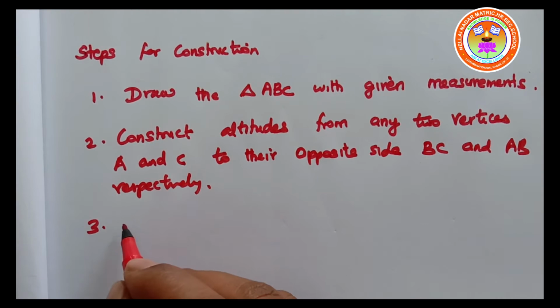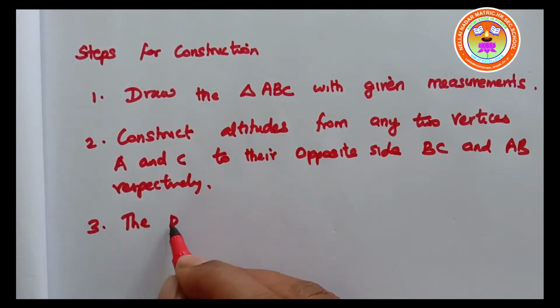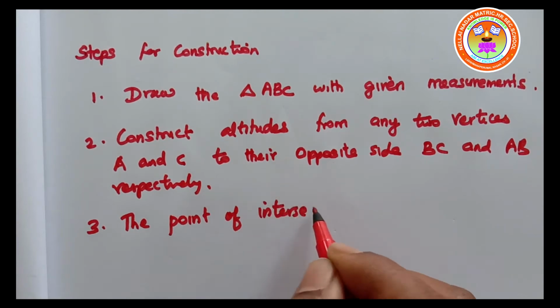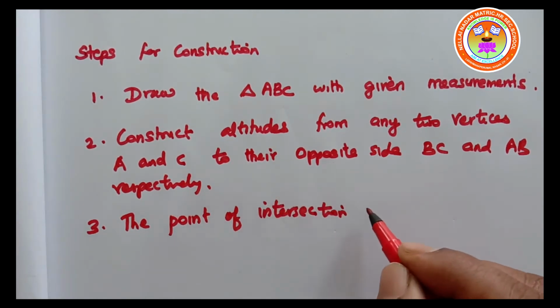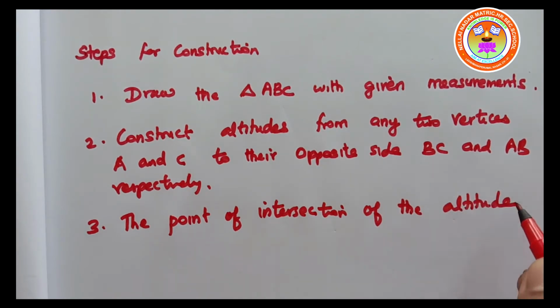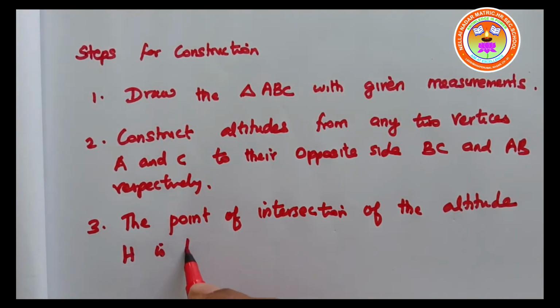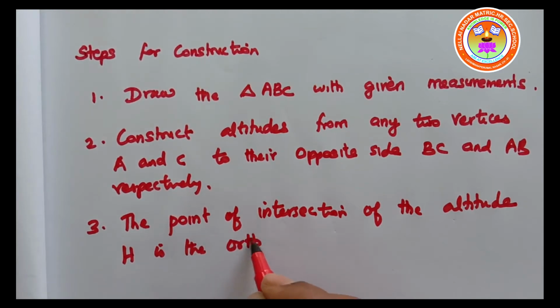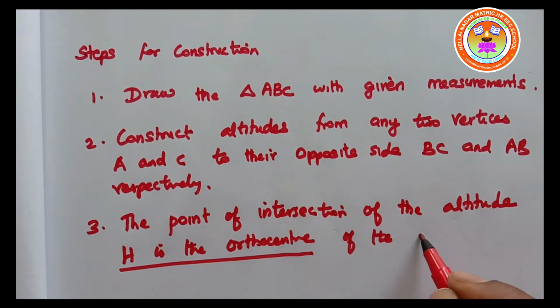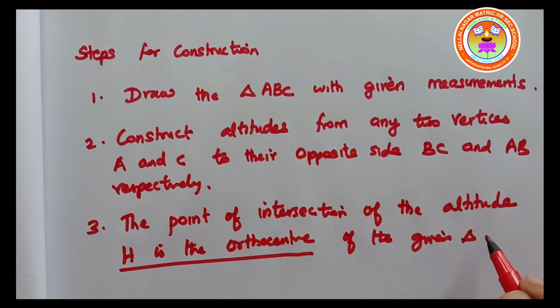Third, the point of intersection of the altitudes, H, is the orthocenter of the given triangle ABC. It's clear, children? We have completed the sixth one.